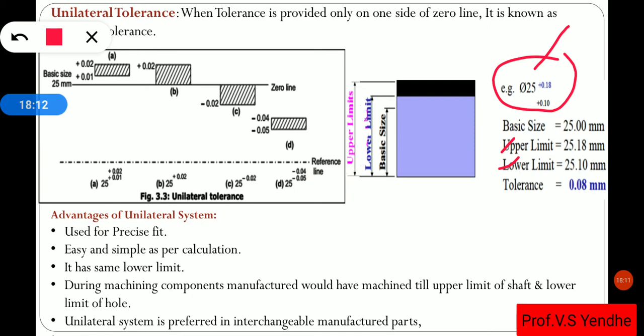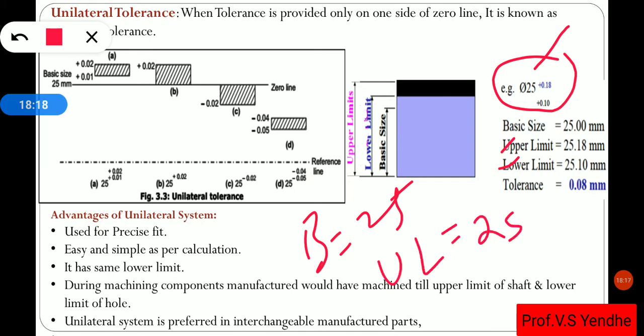Basic size is 25, then upper limit is equal to the 25 basic size plus whatever the upper tolerance, that is 0.18, so that the total dimension would be 25.18.